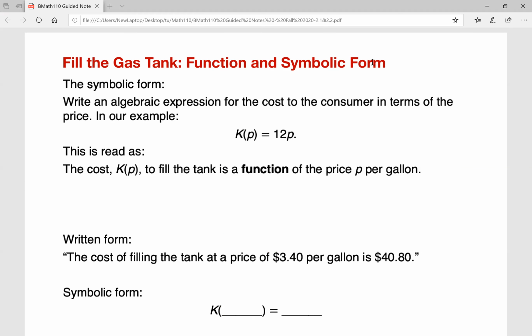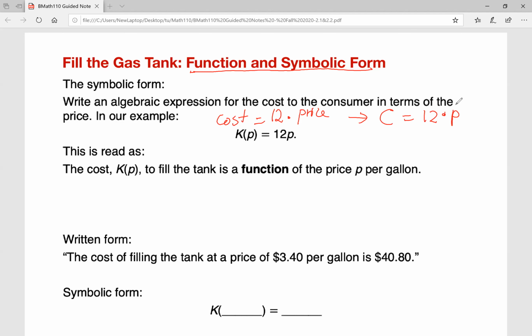Okay, so the next page is talking about how to write the function in symbolic form. Instead of writing down cost equal to 12 gallons multiplied by the price, in the previous lecture I used something like C equal to 12 times P, right?